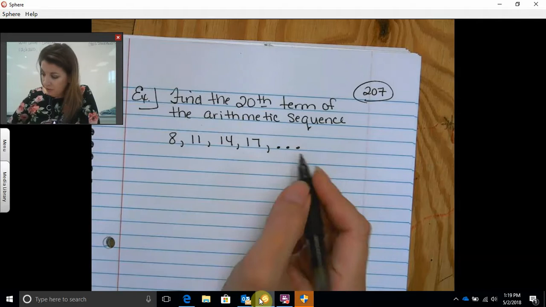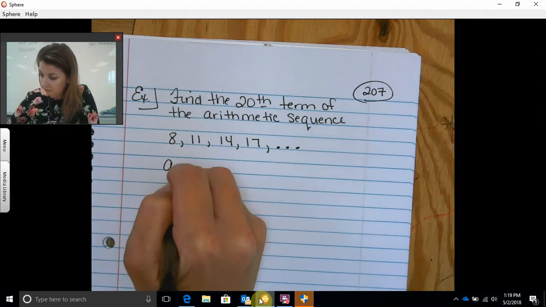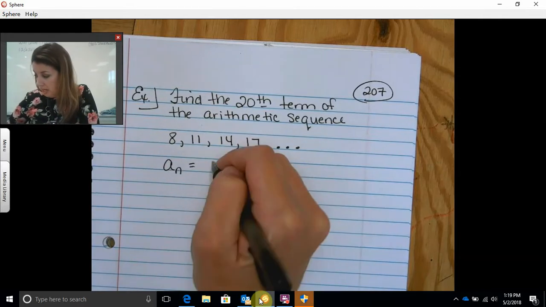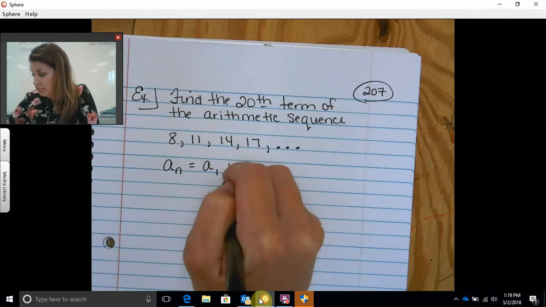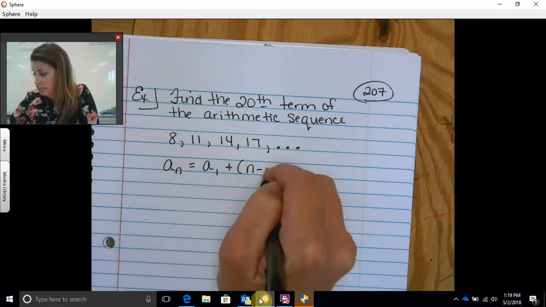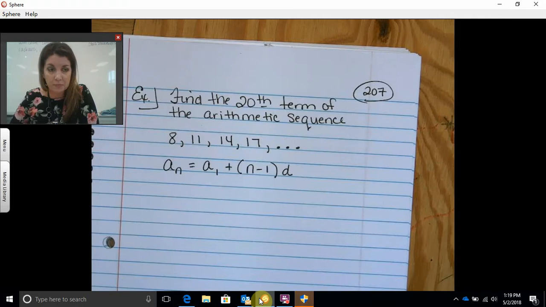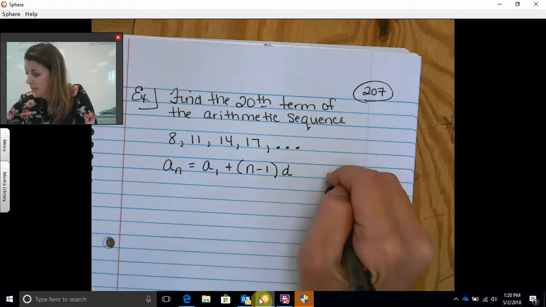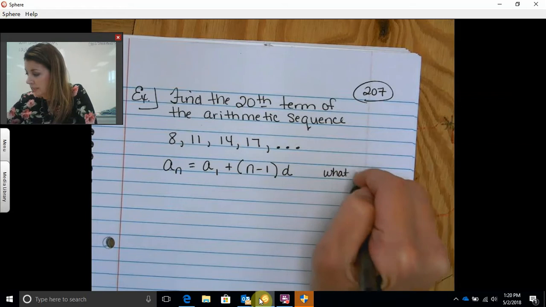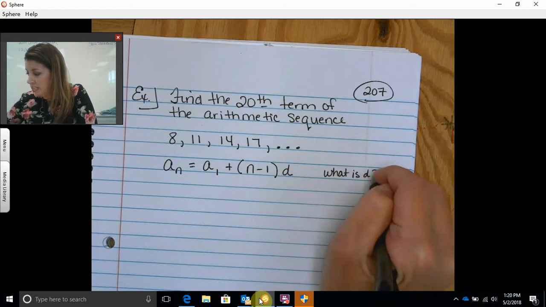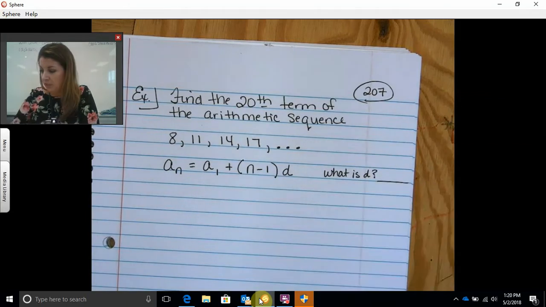So our formula is a sub n equals a sub 1 plus open parentheses n minus 1 close parentheses times d. Okay, what is d in this case? 3.